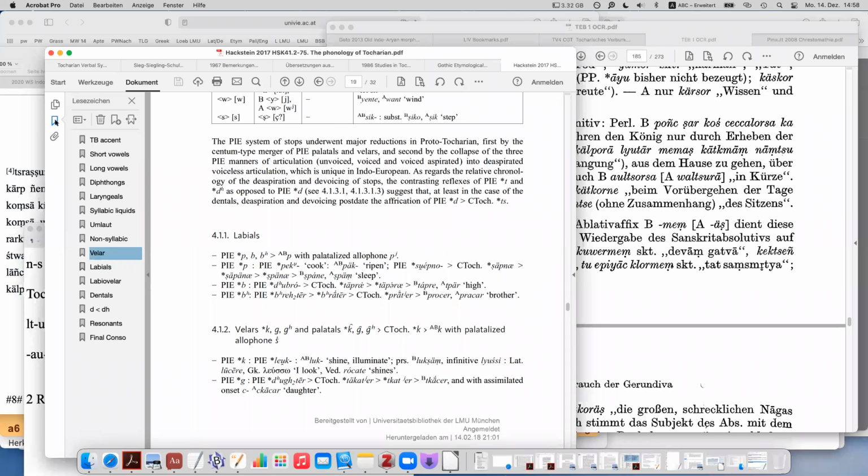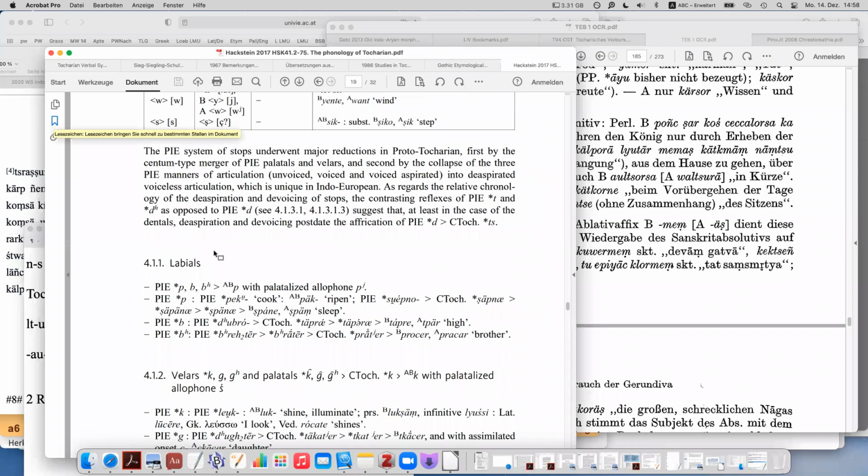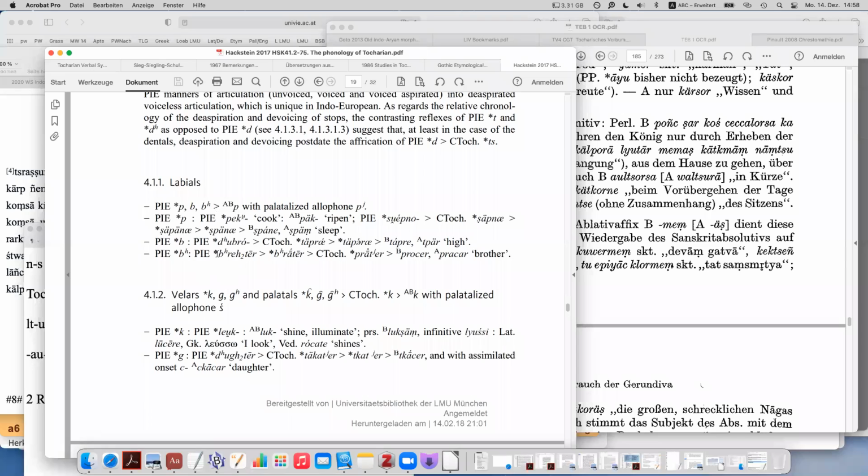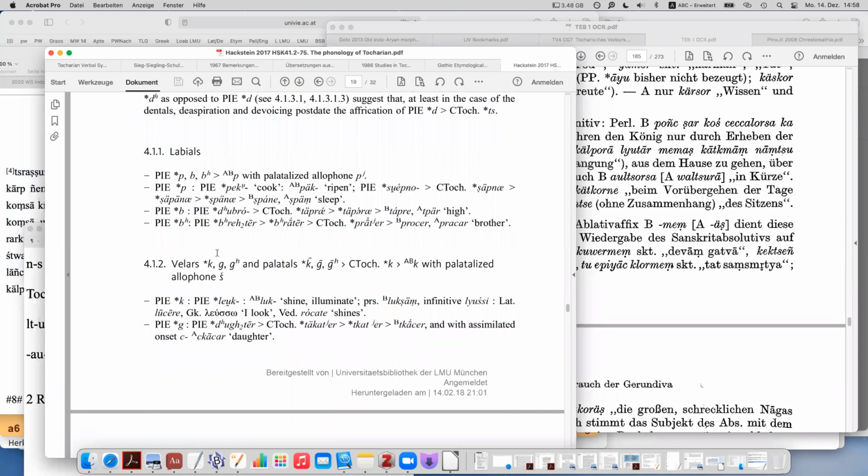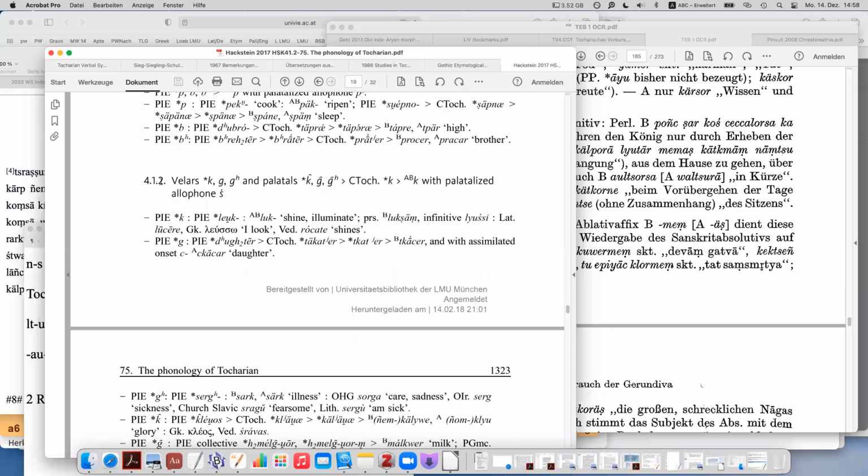And then let's talk about some consonants. Because we just mentioned the palatalization of the k, right? For Kurskan you have shesa. So let's check this one. So velars and palatals, they all first become a k sound.